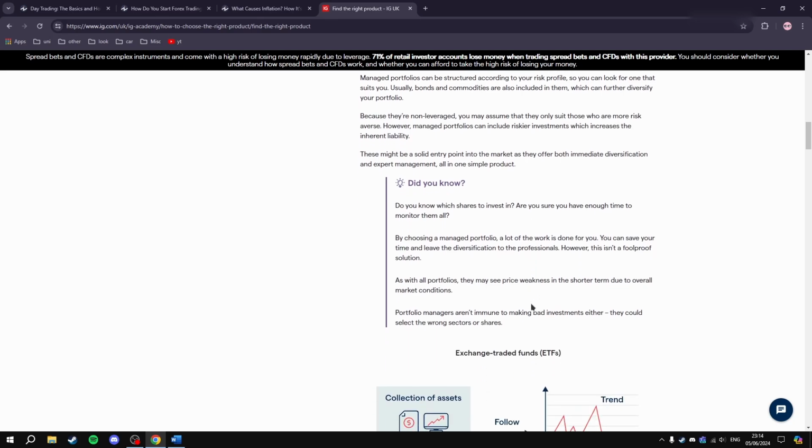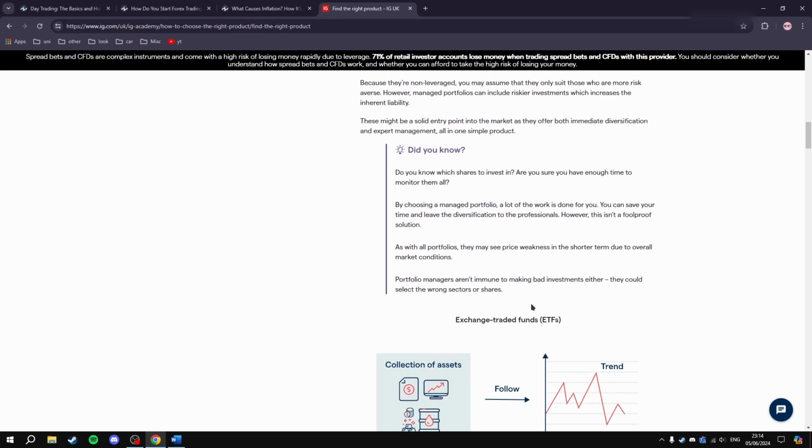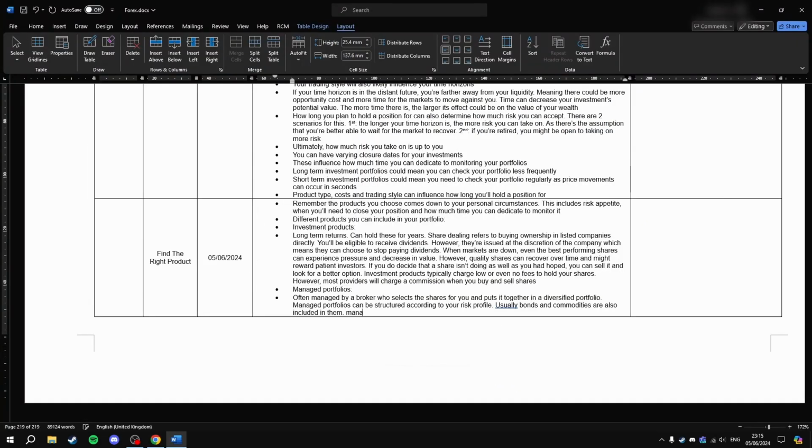Because they're non-leveraged, you may assume that they only suit those who are more risk averse.